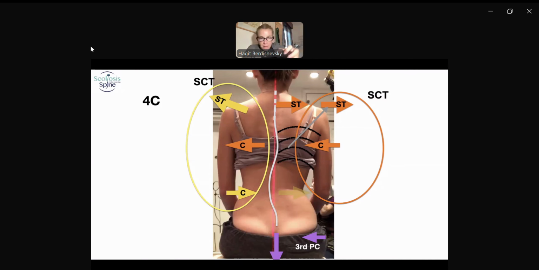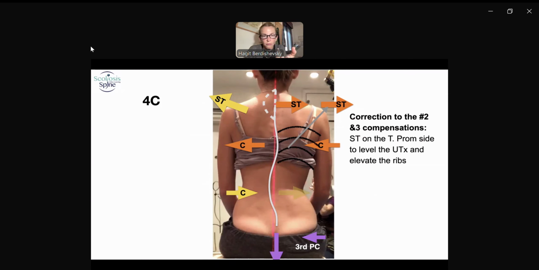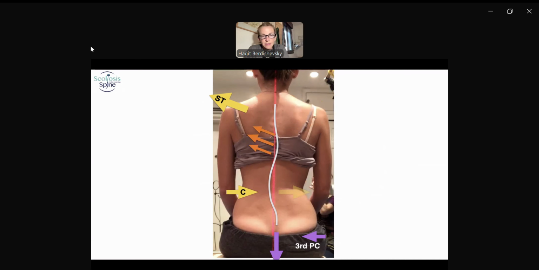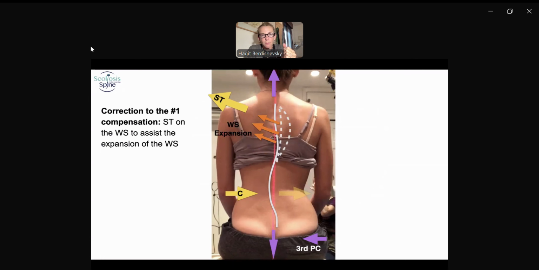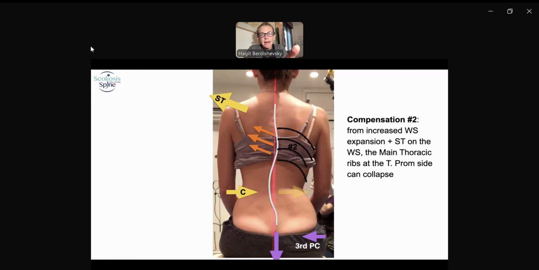And then, because there is a response to this expansion of the thoracic, at times we see that the ribs will collapse once I start to expand the thoracic.